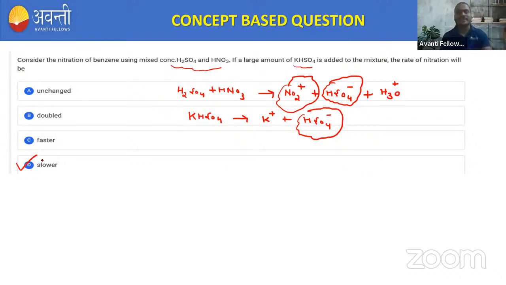So this is the effect of adding a large amount of KHSO4 to the mixture: the rate of nitration becomes slower. सबको समझ आया? Everyone got this question?